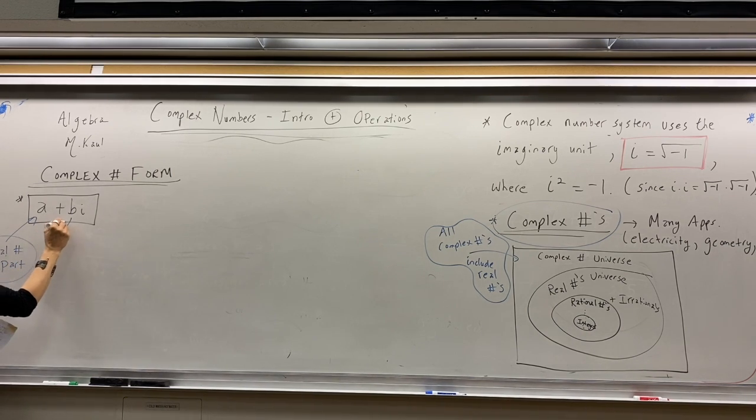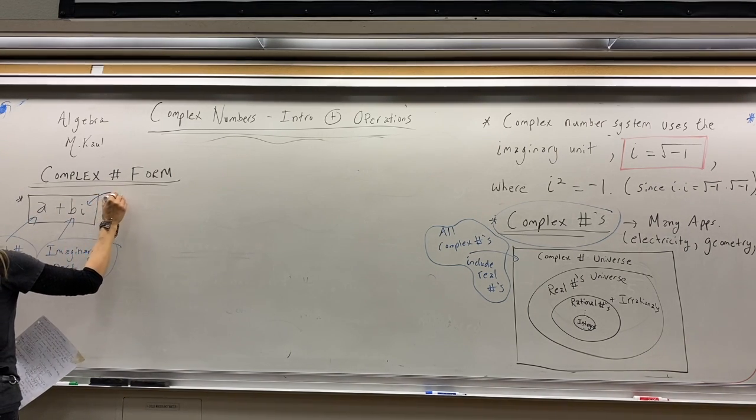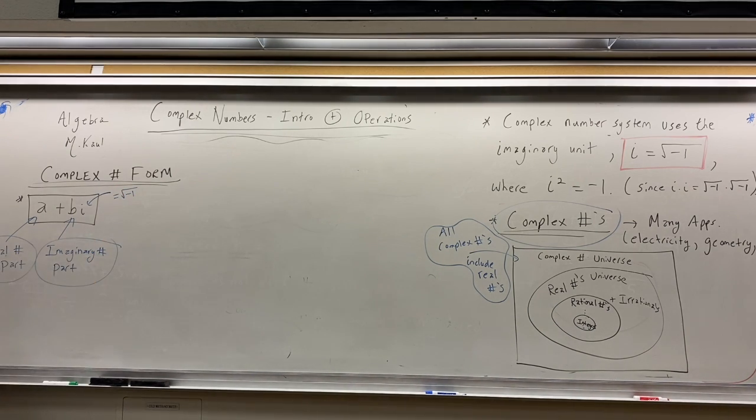And here we have our imaginary number part, right here. And of course we have i, which is defined as the square root of -1. Very important.